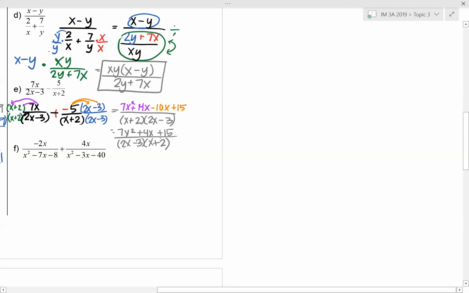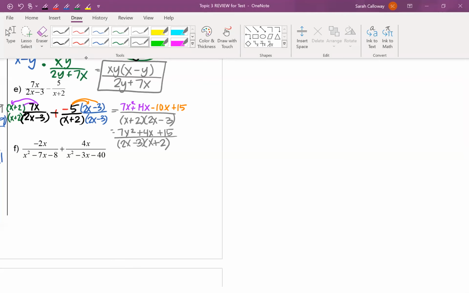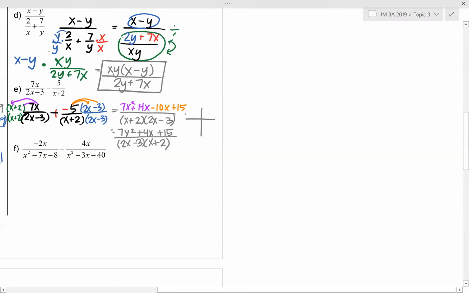So for this, I would want to check to see if this is factorable. So I want to look at doing a product sum for the numerator. So I'm going to multiply 7 times 15, which is 105, and that would need to add to 4. So I notice that everything is positive, so I have to have a positive 105, which would mean, for example, if I was multiplying 7 times 15 and I added those two together, that will give me a number that's a lot larger than 4.